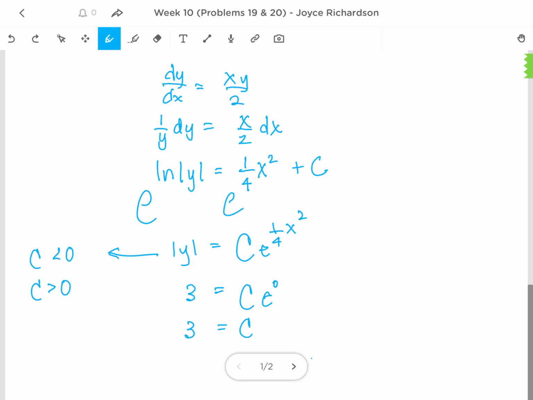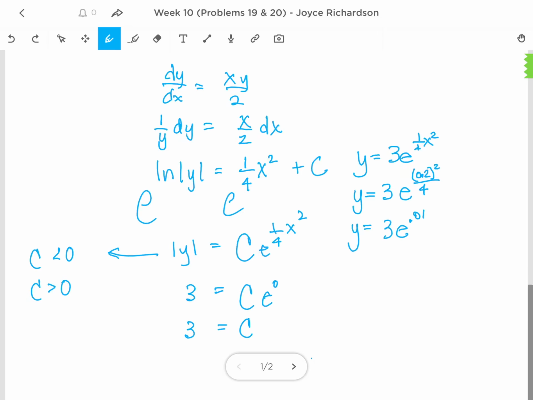So I know that this function is y equals 3e to the 1/4 x squared, and I'm supposed to plug in 0.2. So I'm going to have y equals 3e to the 1/4 times 0.2 squared, which is literally y equals 3e to the 0.01.